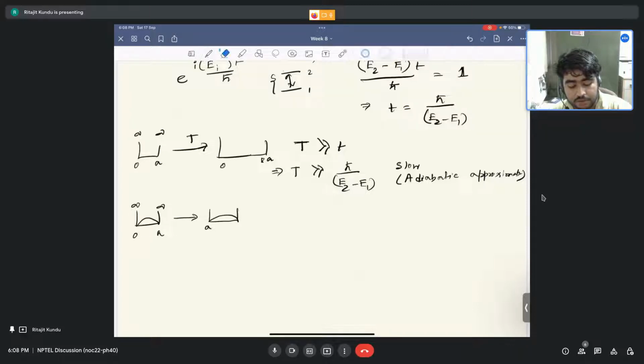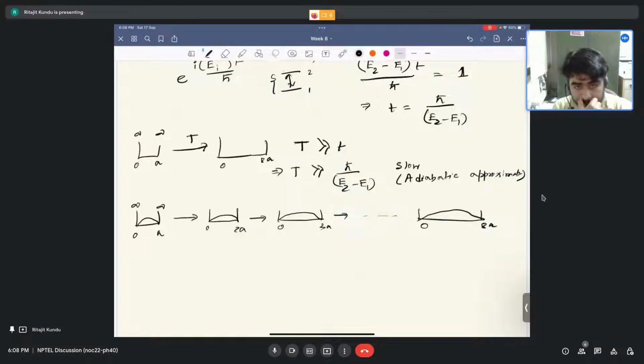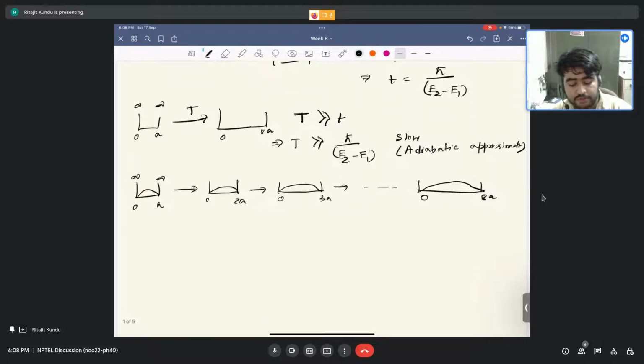Say this is 0 to 2a, and we're increasing this wall slowly, it always follows the ground state of the new system. Let's say now after a long time it becomes 0 to 8a, then also it follows the ground state. This is the meaning of the adiabatic approximation. All of the changes are very slow, so that it follows the instantaneous ground state. Now if this is the case, we know the initial state.